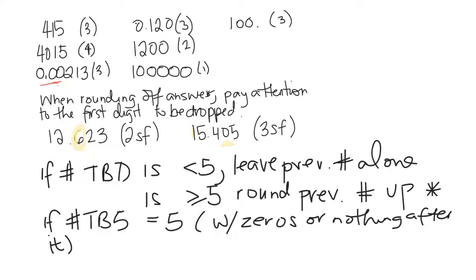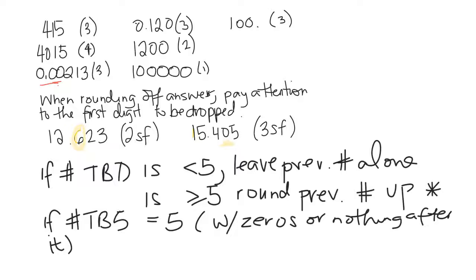Then we've got two things. If the previous number is even, we leave it alone. If the previous number is odd, we round it up. The end result is you get an even number.